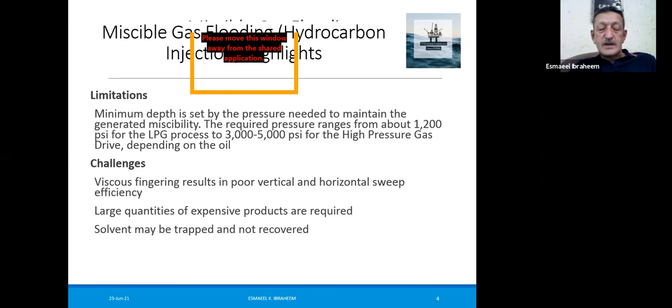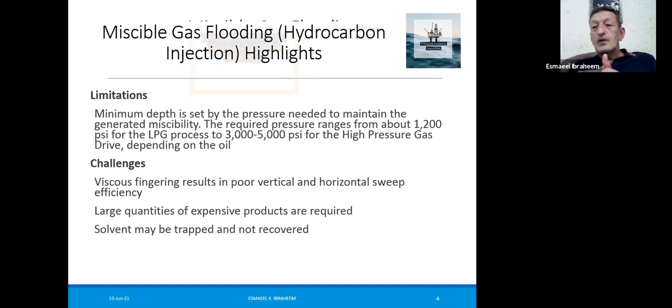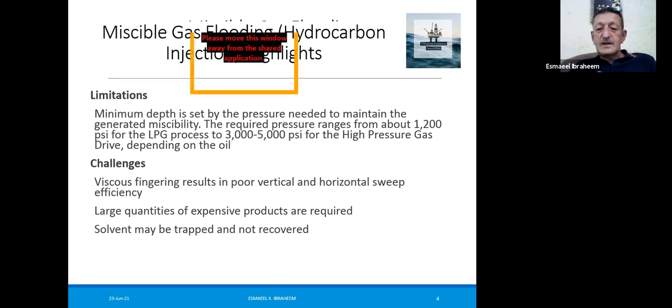The challenge here is that viscous fingering results in poor vertical and horizontal sweep efficiency. During this operation viscous fingering may happen, and then we will produce the gas earlier than expected, decreasing the vertical and horizontal sweep efficiency.